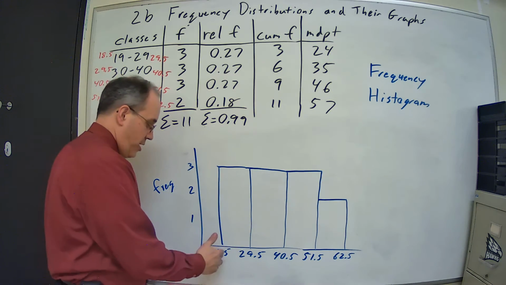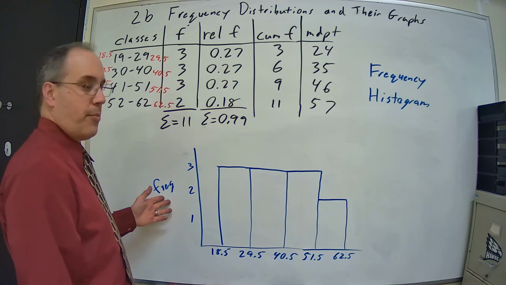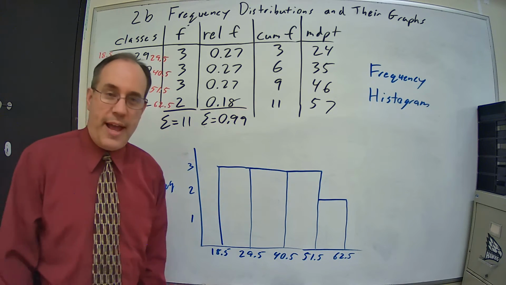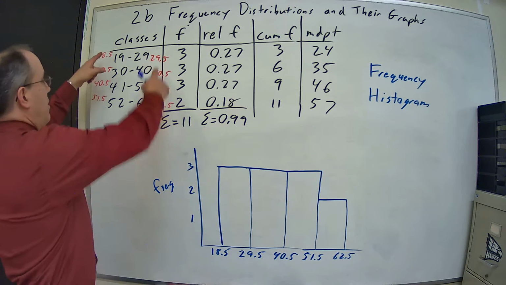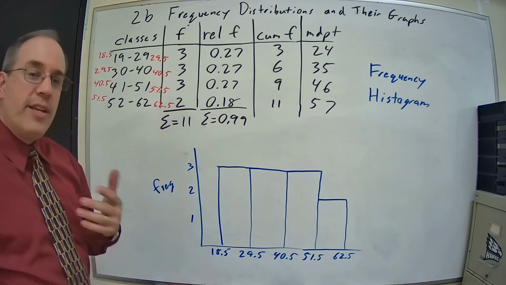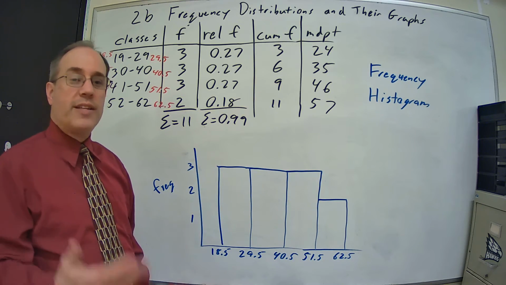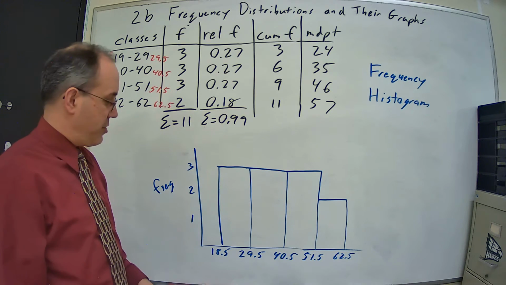The bars touch, they go from boundary to boundary, and we make sure we label the frequency, and we number our y-axis. So that's a frequency histogram using class boundaries. The reason I like class boundaries is because it's very easy for me to determine what data values fall into each of these bars of the histogram.